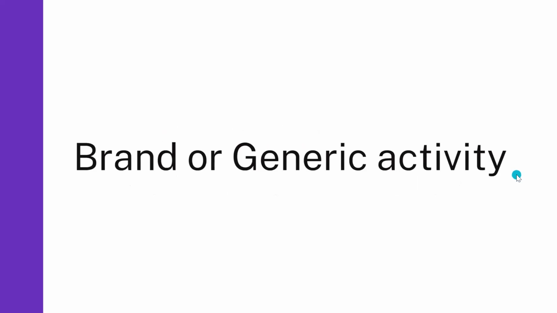So we are going to do a lot of activity for brand or generic campaigns. Basically we can categorize our campaign activities into two subsections: brand activity and generic activity.